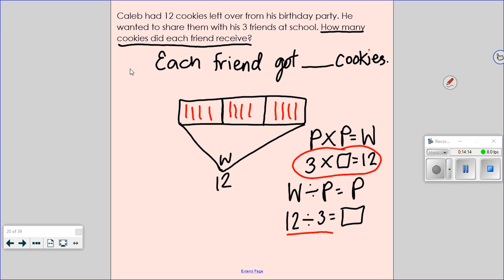Now I'm at 12. Double check that every friend got the same amount, because we made sure to say equal groups. I don't want to give one of Brayden's friends 6 cookies and another friend 2 cookies. That would be so unfair, and Brayden's all about being fair. Right?